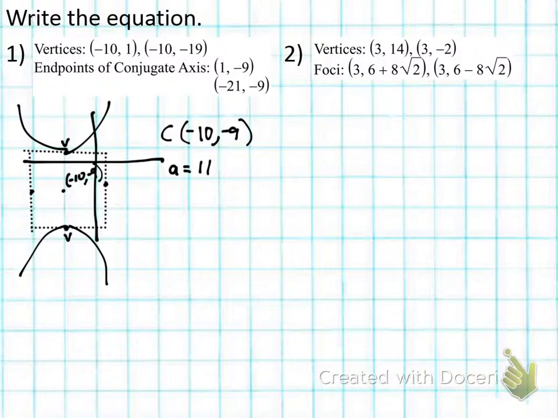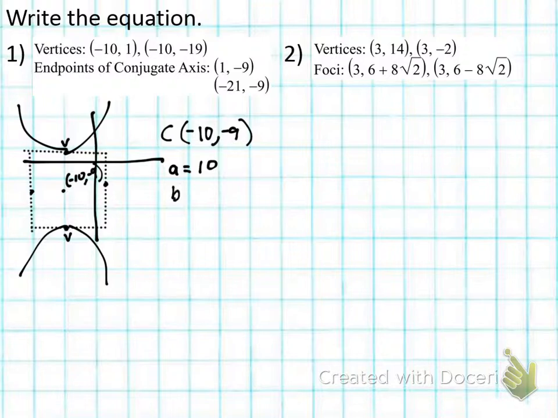Negative 10 plus another 1. Oh, it's 10 units. Okay. Right? Why am I not certain of myself? 1 and negative 10, 9. Yeah, that's right. Yep. Okay.